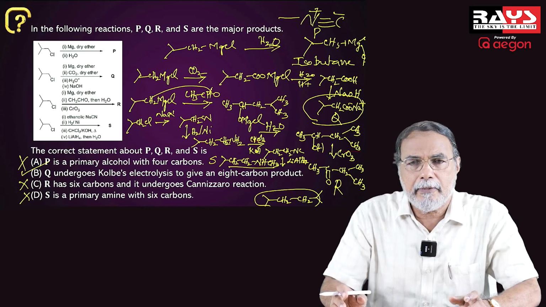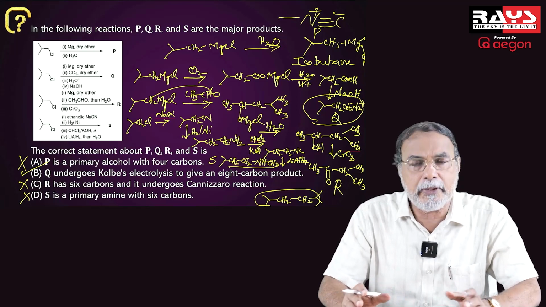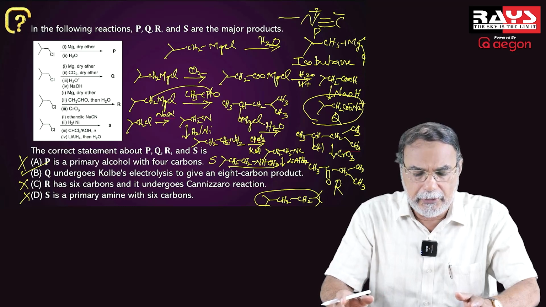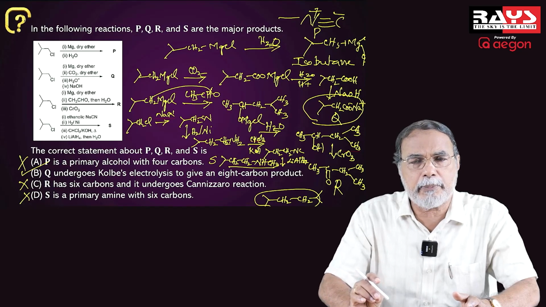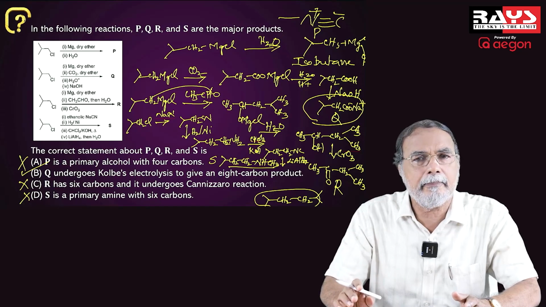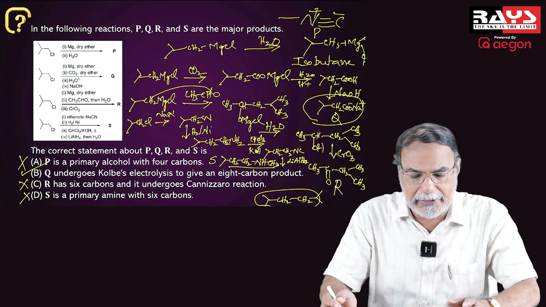Of course, the question is concerned with the fundamental reactions of these compounds. So many reactions are there. Formation of Grignard reagent and the reaction of Grignard reagent with water, where a hydrogen is accepted by the carbanion to form a hydrocarbon, and the reaction of the Grignard reagent with carbon dioxide in the next equation to form a carboxylic acid.